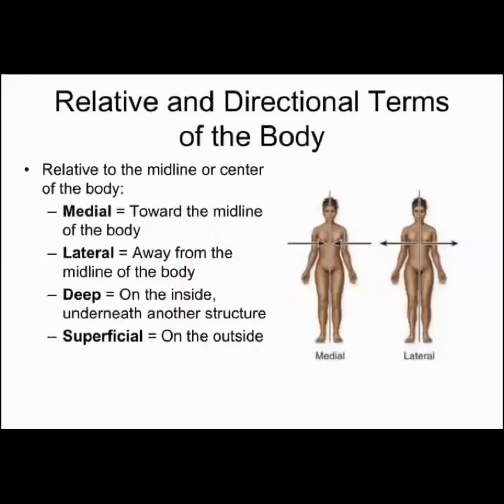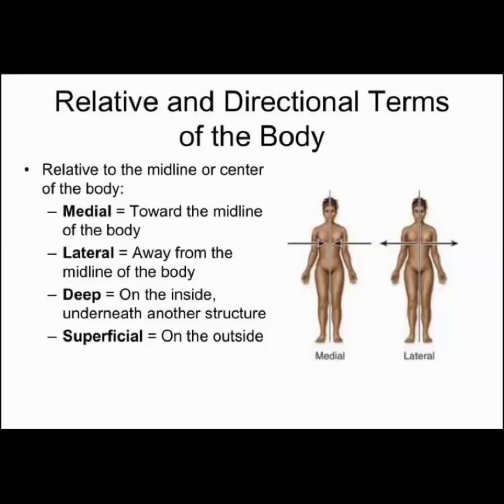Now we will discuss the terminology relative to the middle or center of the body. Here the first term is medial. Medial means towards the midline of the body. So the first picture is showing the medial, which is towards the midline of the body.